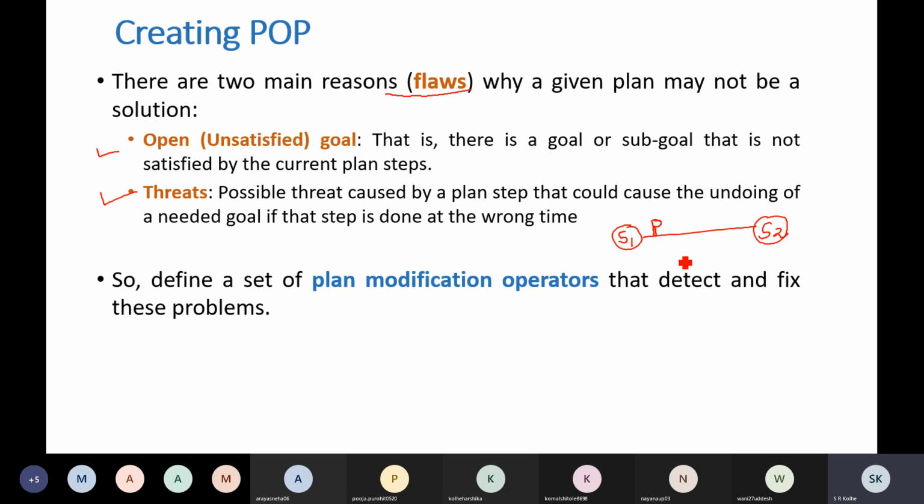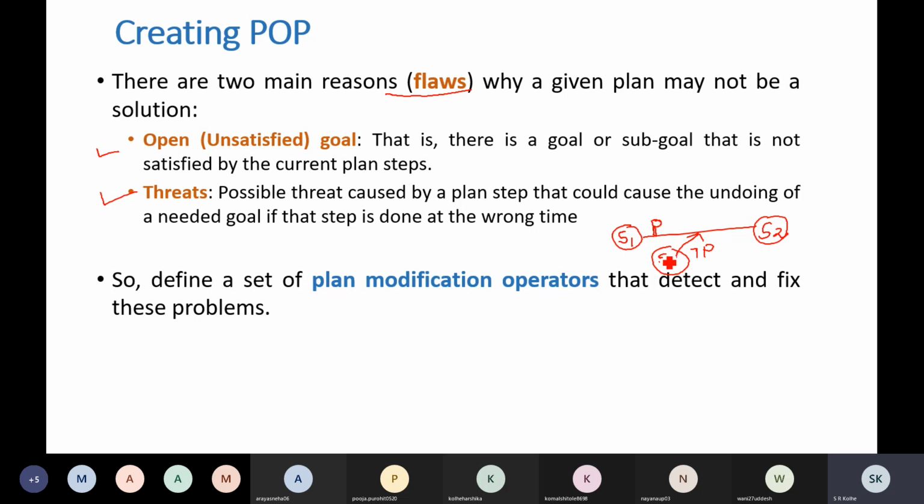And suppose there is another state S3 whose effect is not P, that occurs between S1 and S2. Okay, S3 has occurred between S1 and S2, and because of that this P has become not P. But the precondition of S2 is P. So this is called a threat.